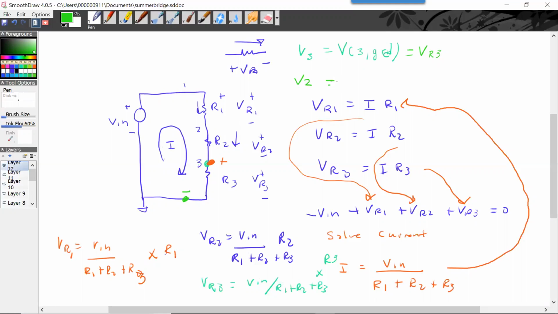But V2 is not equal to VR2, because if I put my voltmeter here, V2, what's missing is the fact that it's with respect to ground. When you just say V2, it means with respect to ground. So if then I put the negative side here, well, I'm getting VR2 and whatever the drop is here, summed with whatever the drop is at R3, right?